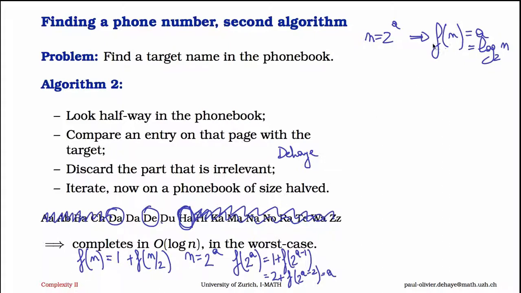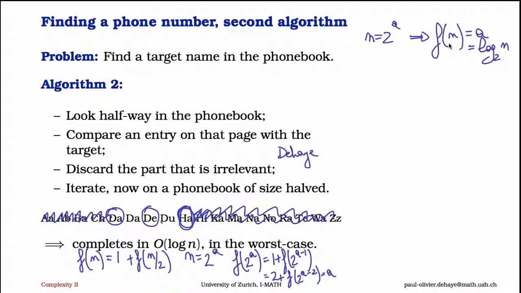And in general, that's the case. Either n is a power of 2 or it's between two powers of 2. Then you just approximate by the highest one of the two, and you realize that it will be essentially like the logarithm. The logarithm does not change very much between 2 powers of 2. It changes by at most 1.